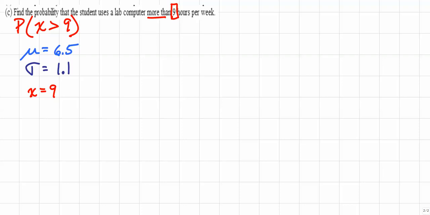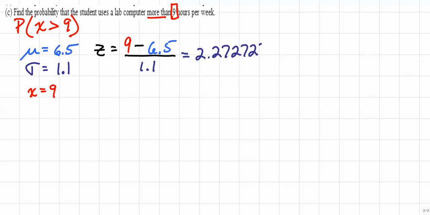So to find the z-score, we will take the 9, we will subtract 6.5 from that, the mean, and then we will divide that by 1.1, the standard deviation. And that will be equal to 2.272727, once again repeating decimal. So if I round this off, we have a z-score that is equal to 2.27.